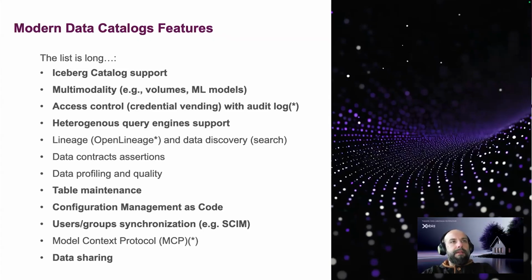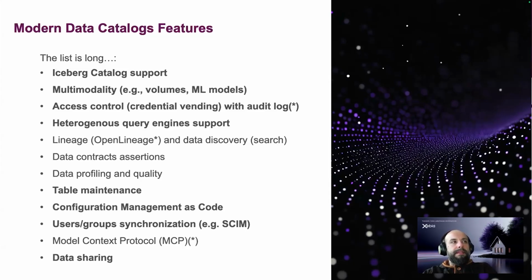Also, there is a shift in the entities that are inventoried by the data catalog. In the past, it was purely around tables, or even just Hive tables. But right now, it's more about multimodality. It's no longer only tables, but it can be volumes, machine learning models, or Kafka topics. So it's much broader.